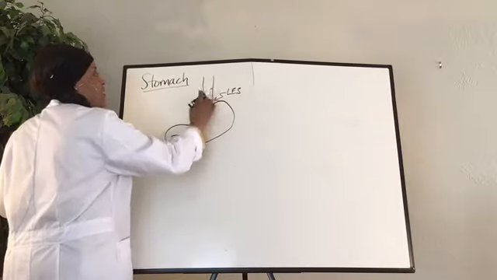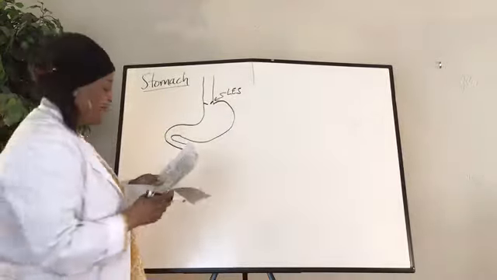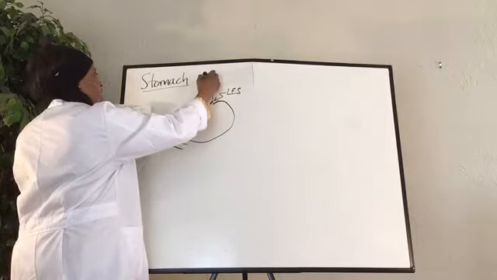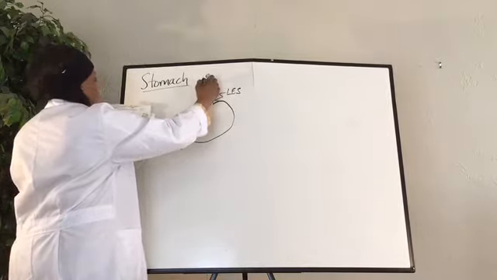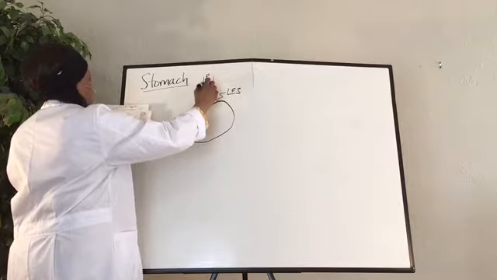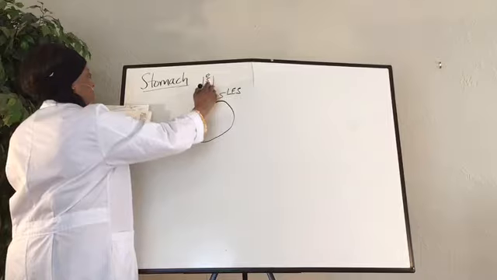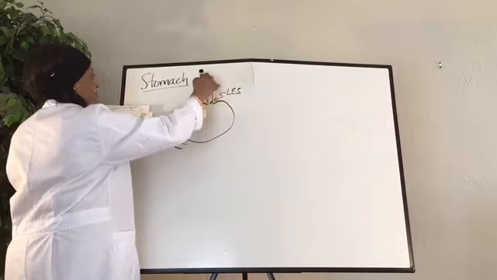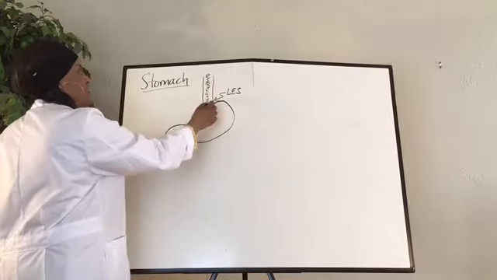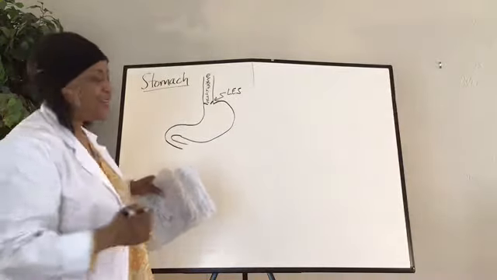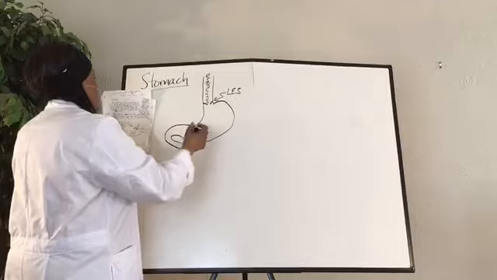LES, very important, that sphincter there. And let's just remind ourselves that this is the esophagus. Okay? So we've got the lower esophageal sphincter here, the esophagus there, and now it's connected to the stomach. So that'll give us some reference points.